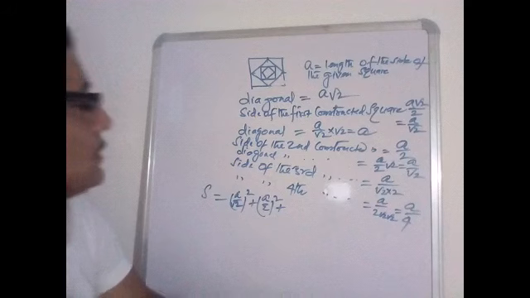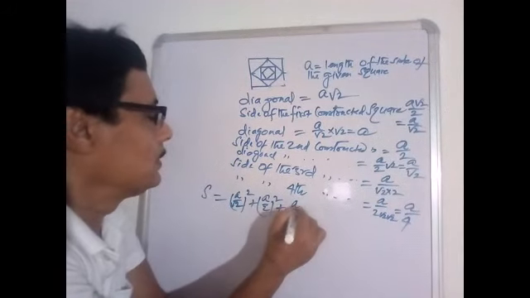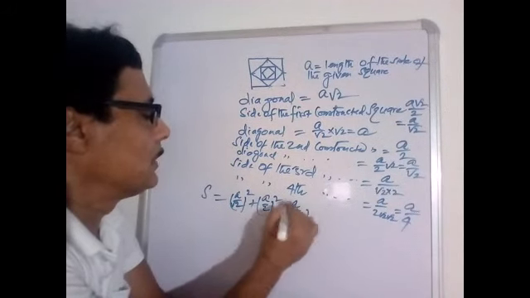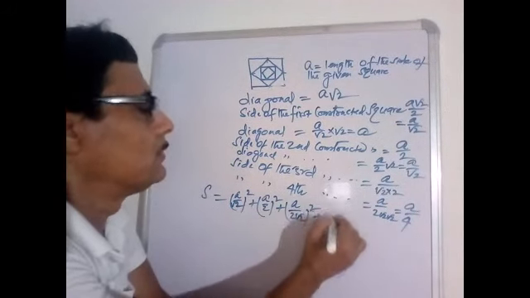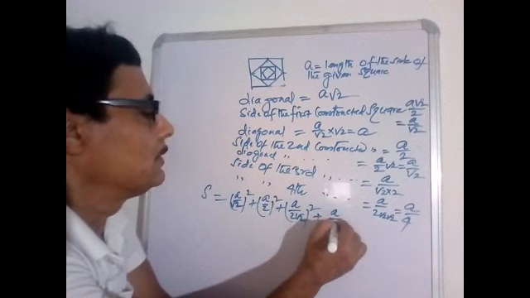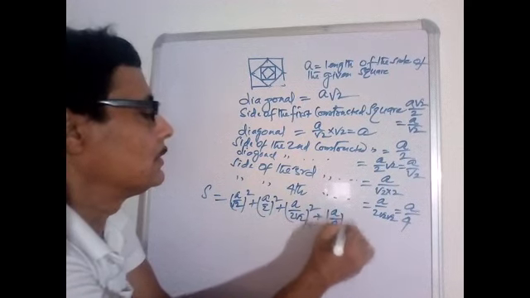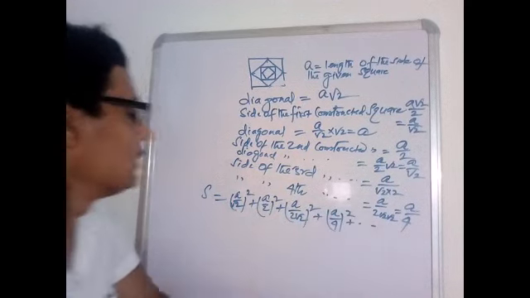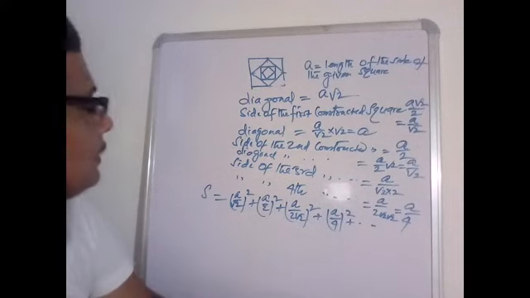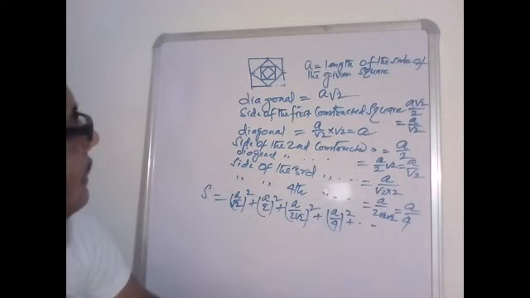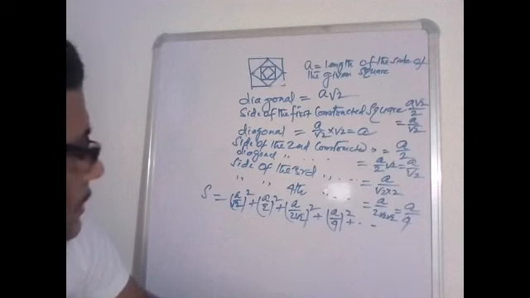Area of the third square is (A by 2 root 2) square. Area of the fourth square is (A divided by 4) square, and so on. Now we see this series is an infinite series and also an infinite geometric series.